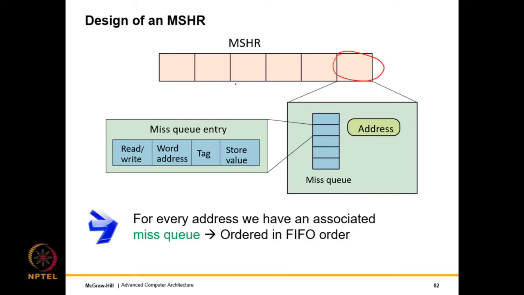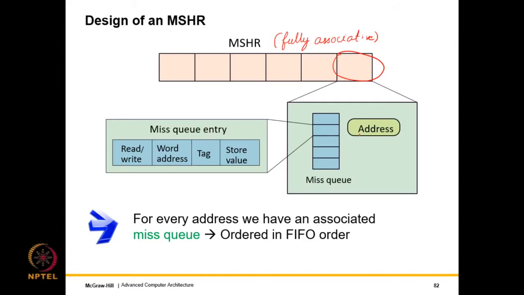Whenever we have a read or write access, the MSHR is always checked. So the block address is looked up very quickly, and MSHRs are typically very small structures, with maybe 4, 8 or 16 entries. So this structure can very well be fully associative as well. There is no harm in that.